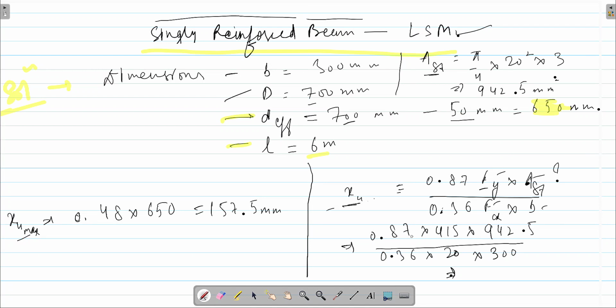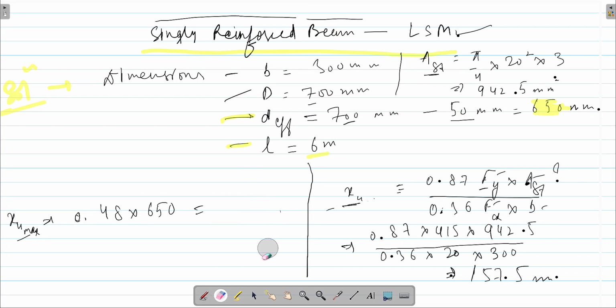So we use it in this formula: 0.87 into 415, that is the steel grade, into the area of steel in tension, 942.5, divided by 0.36 into 20, where 20 is the FCK value, into 300. So this comes out to be 157.5 mm.